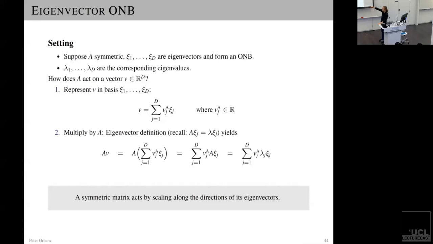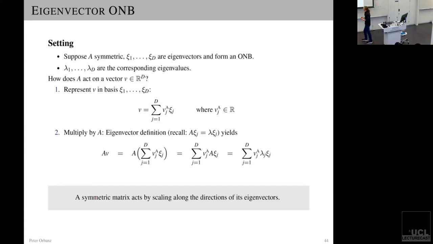So we get the sum over these coefficients times A applied to each of the eigenvectors. But because each psi is an eigenvector of A, this part just amounts to scaling psi. So what comes out is this scaled form here.